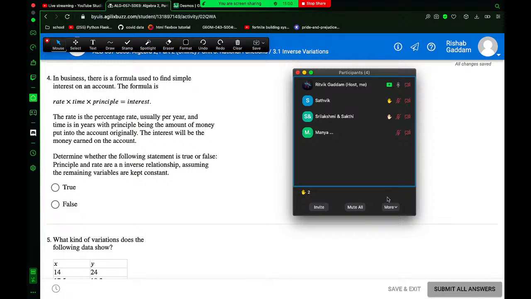So, Satvik, you can do this one. Okay, so I think this statement is true because that's what you have to do to get the answer in every equation that you need the interest. Principal and rate are an inverse relationship, assuming that the variables are kept constant.